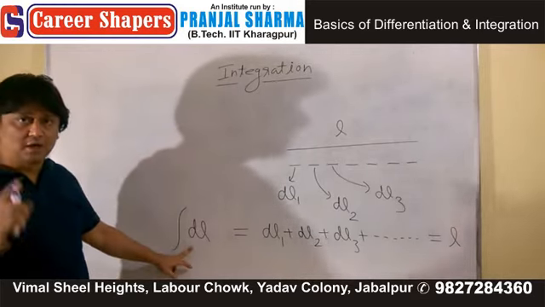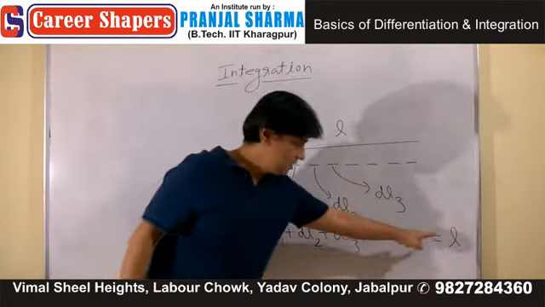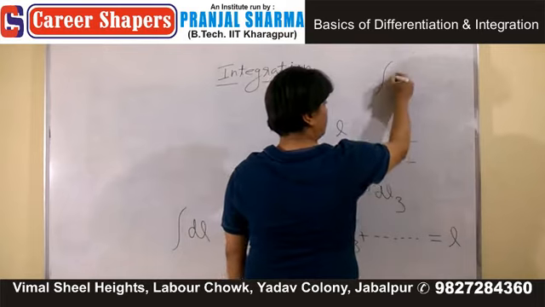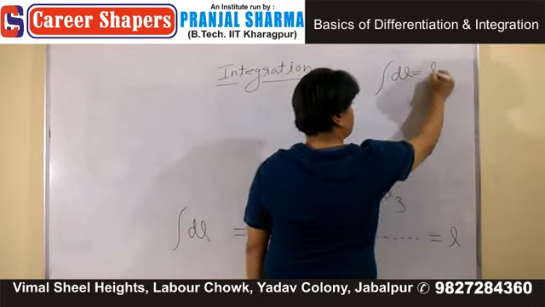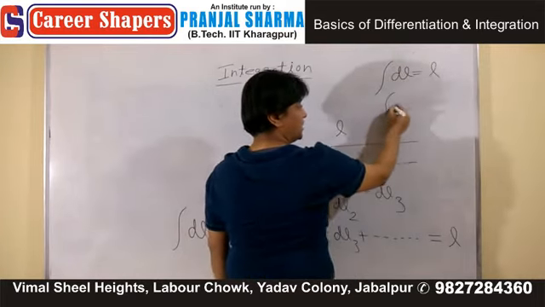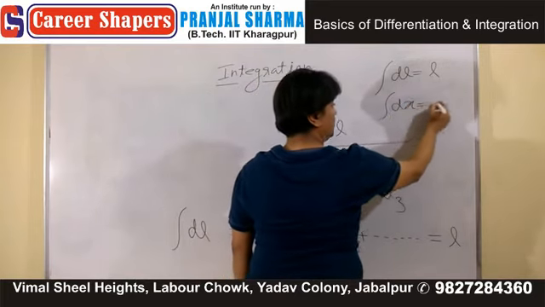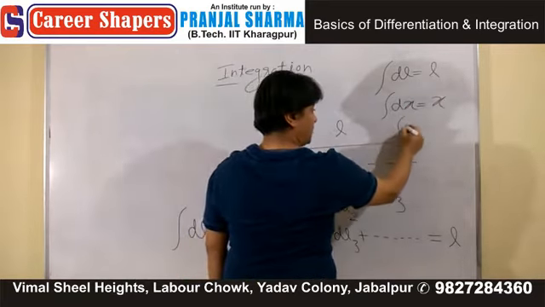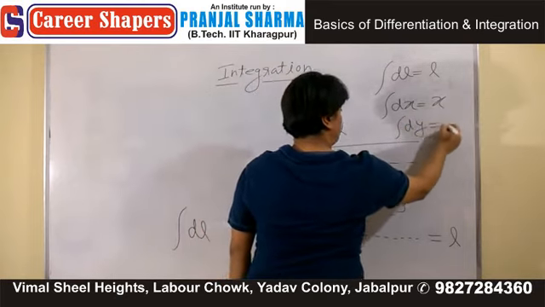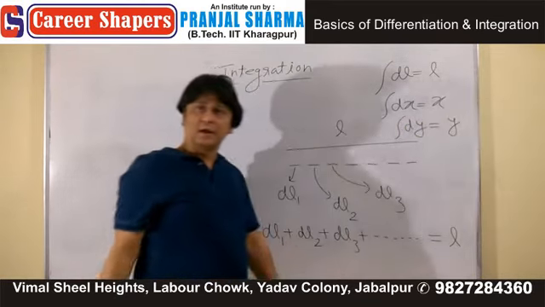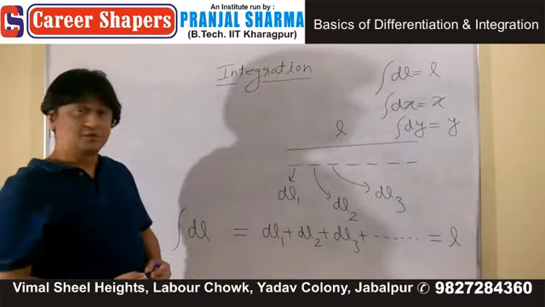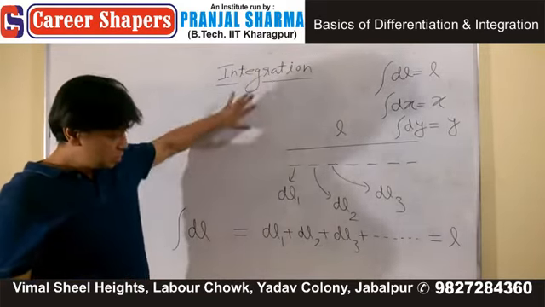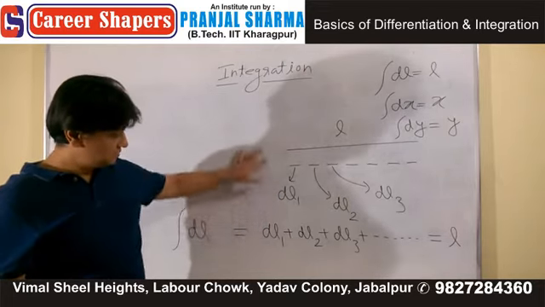Integration of dl is L. Remember this simple line. If I ask you what is integration of dx, you will say x. If I ask you what is integration of dy, you will say y, and so on. This is the basic idea behind integration. Note down first this much information.